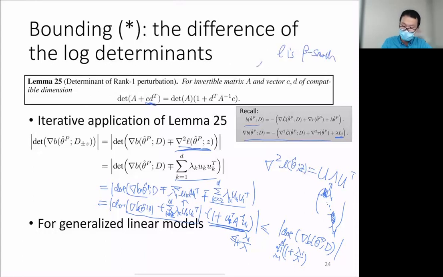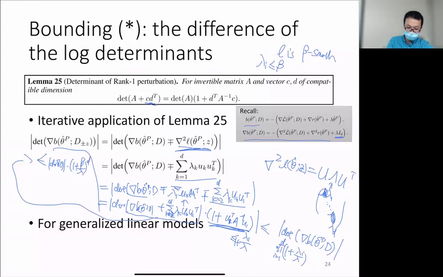Which says that the largest eigenvalue of its Hessian is smaller than beta. So this can be further simplified into a bound of what we want under D, multiplied with 1 plus beta over lambda to the power of D.